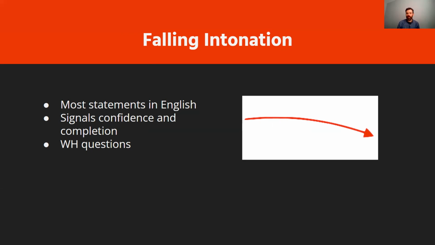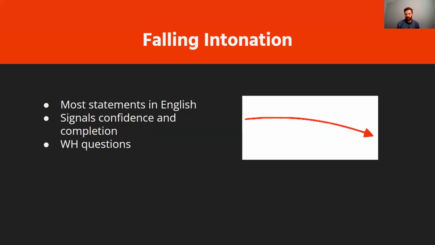And this pattern signals confidence in the statement. It signals completion of an idea. We also use this with WH questions. And so there is the idea, maybe in English, that all questions are rising intonation, the other pattern. But that's not the case with WH questions. WH questions also use a falling pattern.